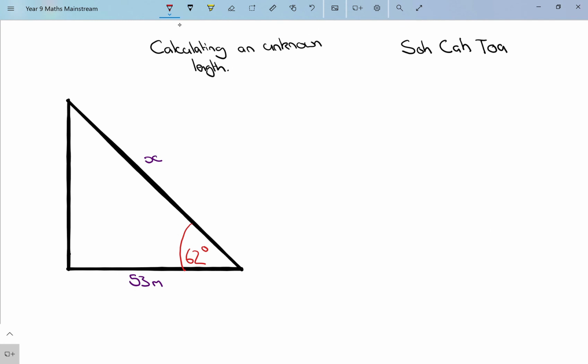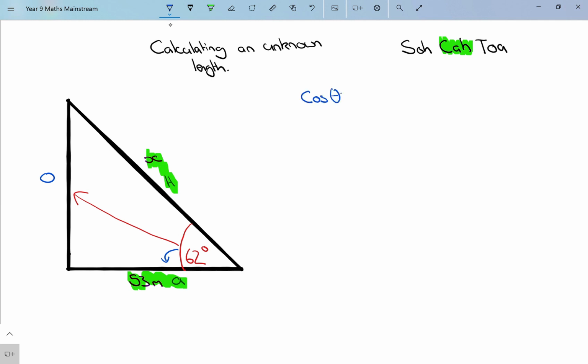And finally the last example, so again we're going to label our triangle. So we've got the opposite, the adjacent, which is our 53 meters, and we're looking for that hypotenuse length. If we have the adjacent and the hypotenuse, we have to use cos, because that's the only one that uses the adjacent and the hypotenuse.